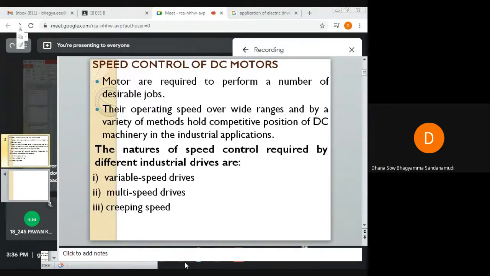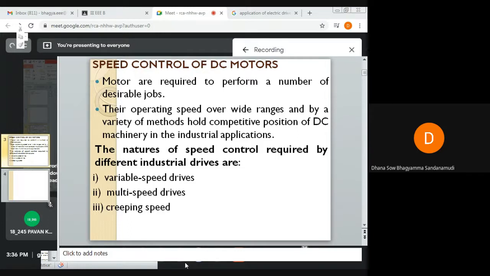If you go for multiple speed drives, these drives will require only 2 to 3 fixed speeds over a region. And creeping speed drives will have a speed which is needed for adjusting or setting up the work on the driven machine, only for a few revolutions per minute.